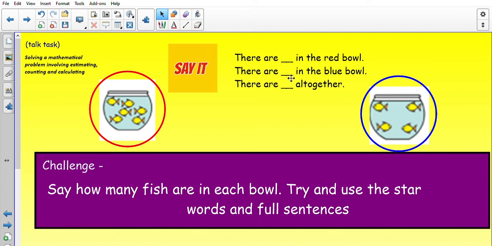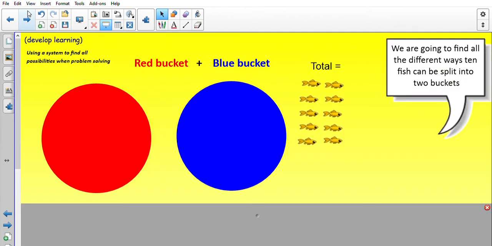So there are 10 all together. Brilliant. There are 6 in the red bowl, there are 4 in the blue bowl, and there are 10 all together. Well done.